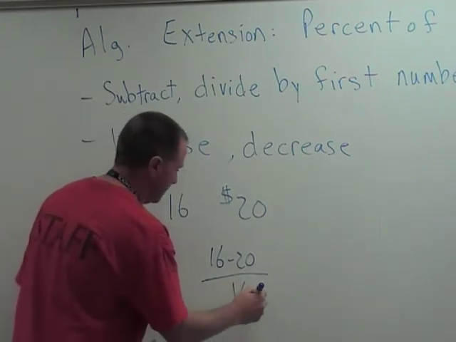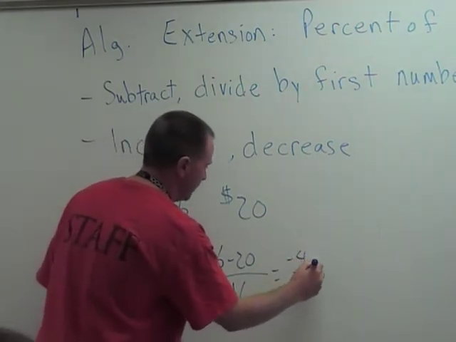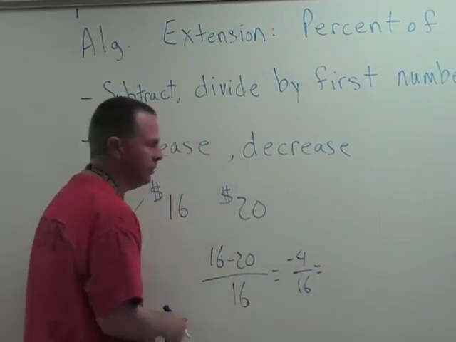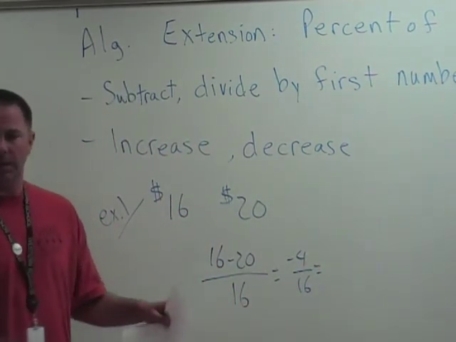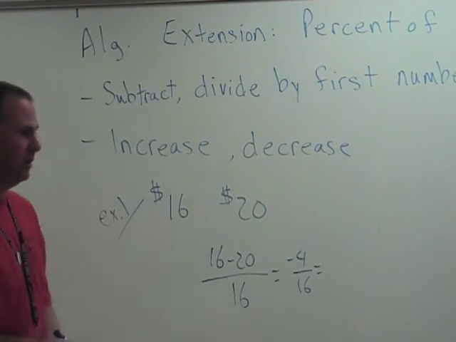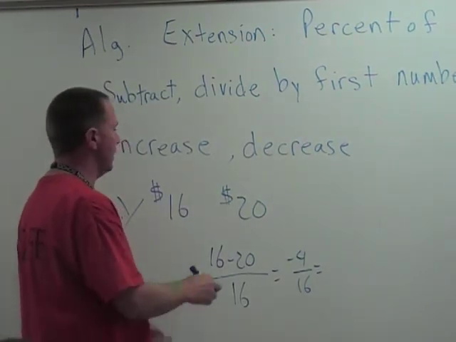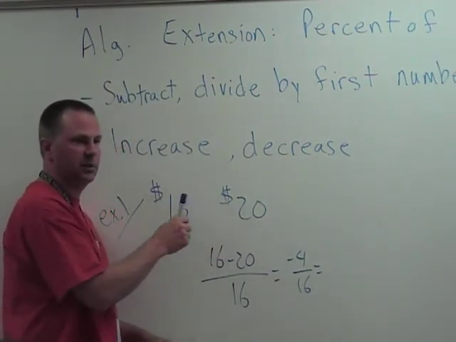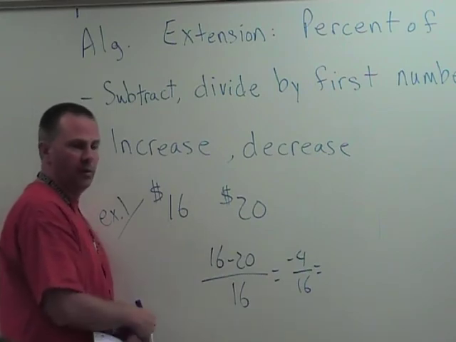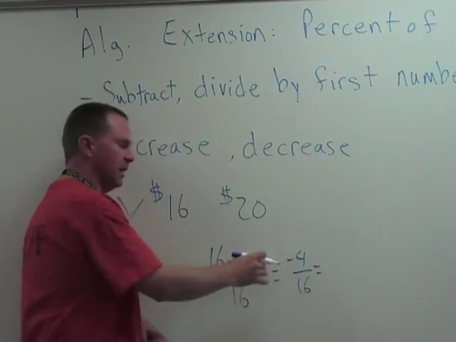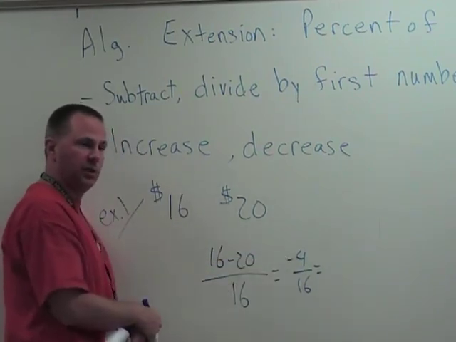16. So you have negative 4 over 16. And we don't do negatives. The negative just means that they increased the value. Okay, so I don't care if you say 20 minus 16 or 16 minus 20. You know whether or not the amount increased or decreased. But don't worry about the negative at this point. I just want to know the percent of change.